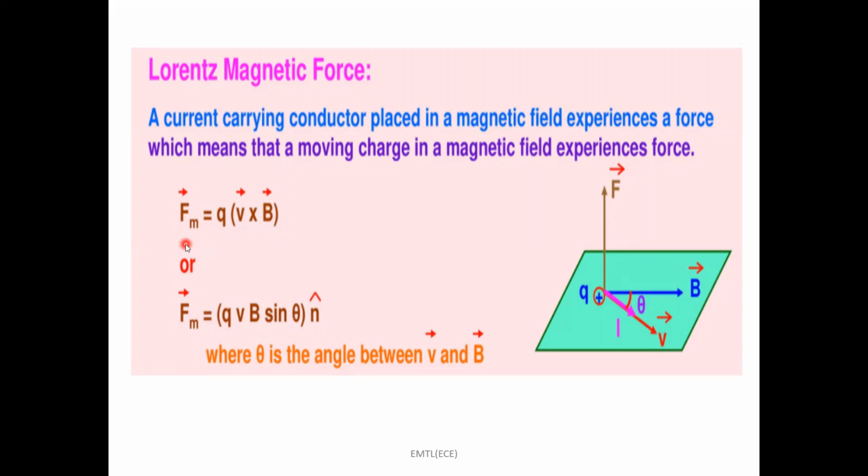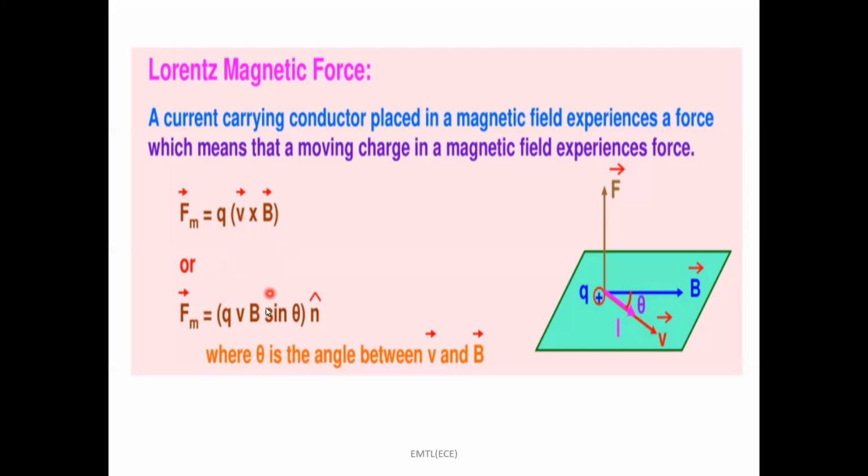The expression for the Lorentz magnetic force is Fm is equal to Q V bar cross B bar. Here V cross B is like A cross B, and the formula for A cross B is AB sine theta.